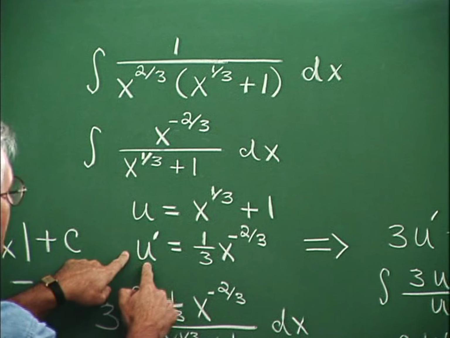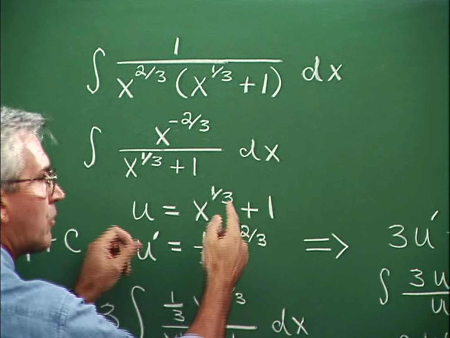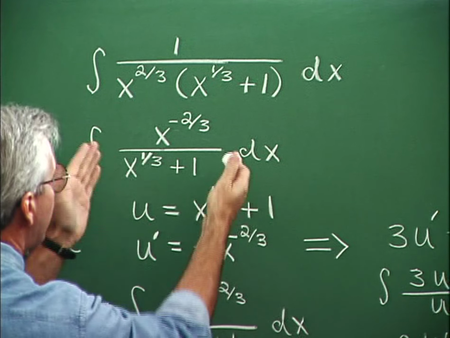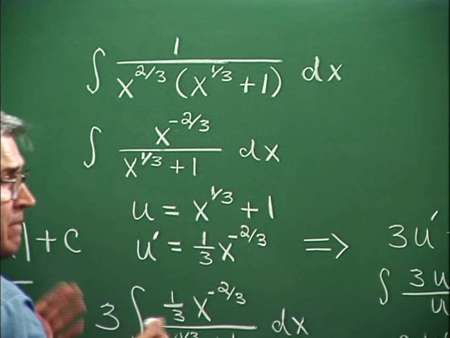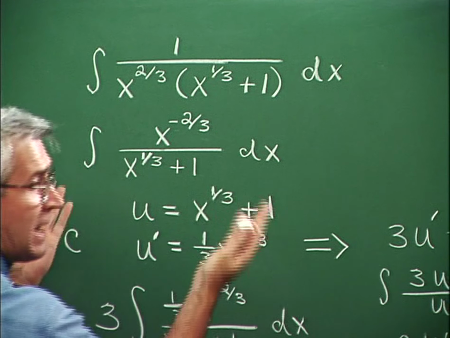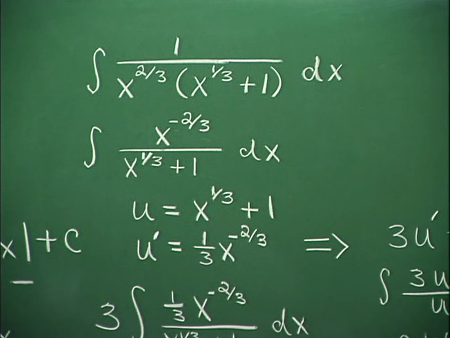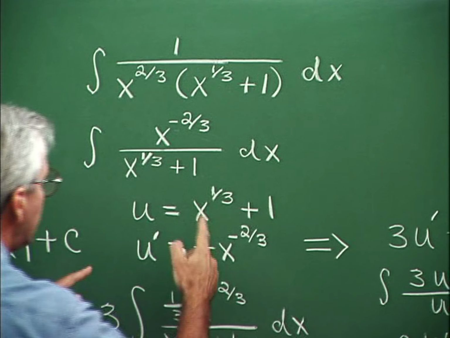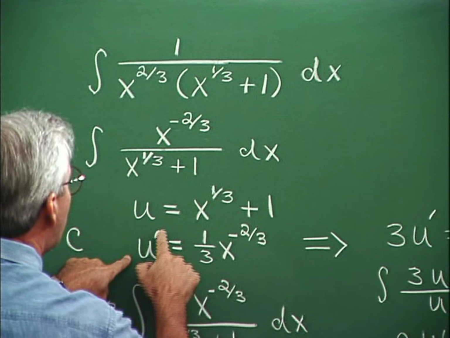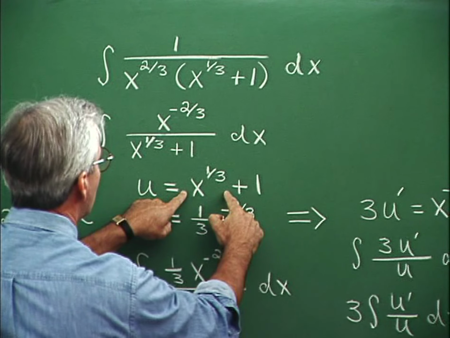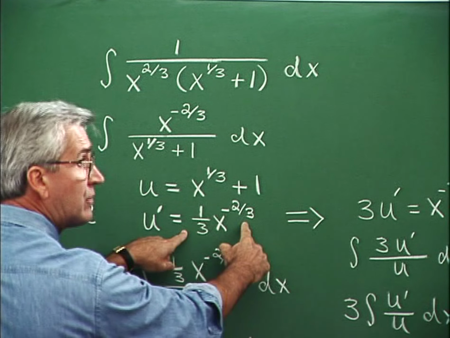Now u prime, we can work with the idea of u prime kind of separate from looking at this. Now we may be able to see through it like this and we may not. It really doesn't make a great deal of difference here, I don't think, but I want to show you how this routine works out. So the u prime, let's see, the derivative of x to the 1/3 is 1/3 x to the negative 2/3.